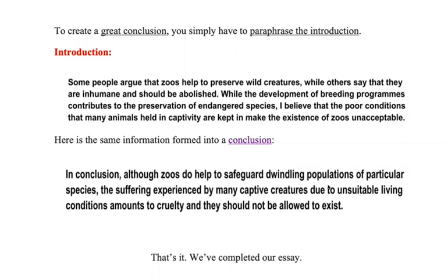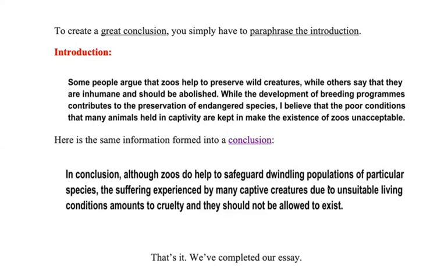Again, in conclusion, although zoos do help to safeguard, to preserve, dwindling, it means to decrease populations of particular species, the suffering experienced by many captive creatures due to unsuitable living, the poor conditions, amounts to cruelty, the brutality, and they should not be allowed to exist.